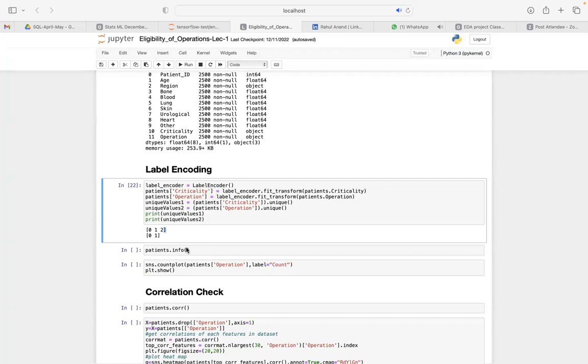So for the output variable, Rupesh, with one hot encoding you will be able to decide what label you want to put. If you want to put true as 0 and false as 1, or false as 1, 0 as true, true as 1, false as 0, you can do that.